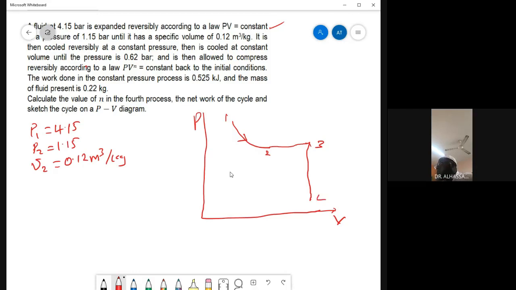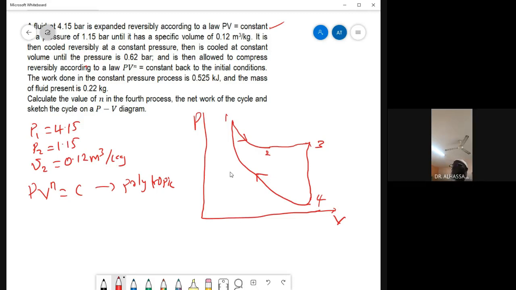So this is state 4. And then it is allowed to compress reversibly according to the law PV raised to the power n. This is polytropic. So polytropic means, again, you have a situation like this. Okay, so this is the whole diagram.